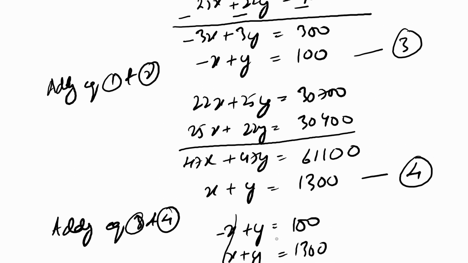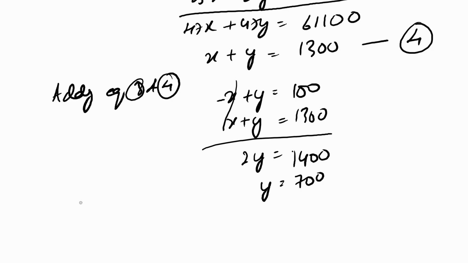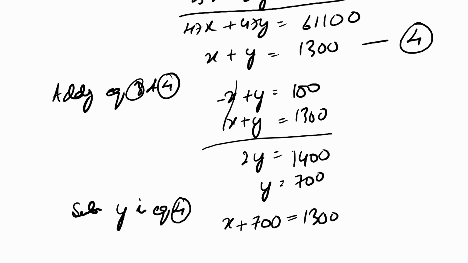Substituting y in equation 4, what will I get? x plus 700 is equal to 1300. So x will be 600.